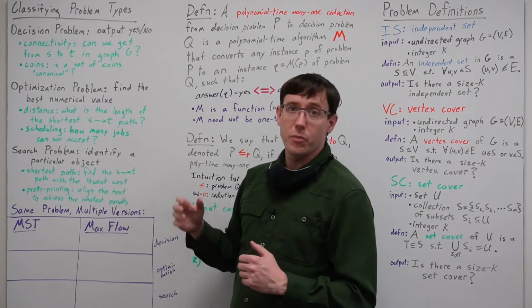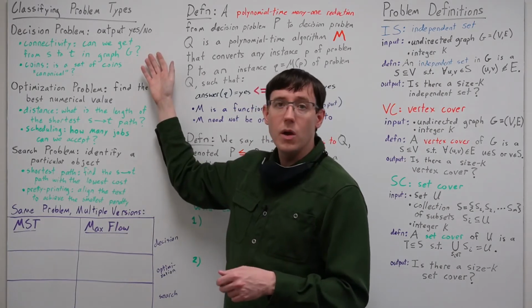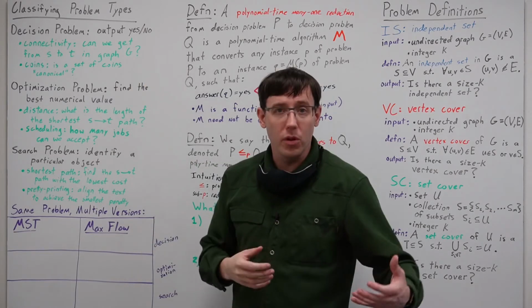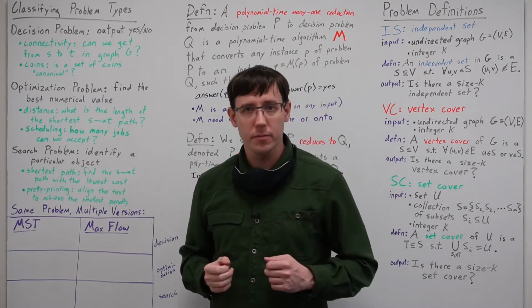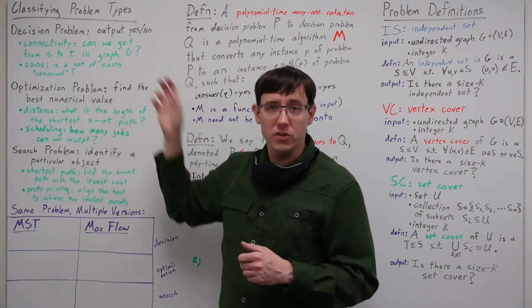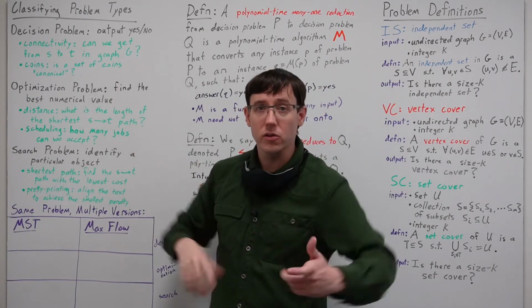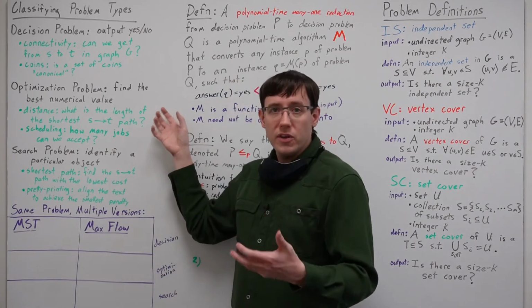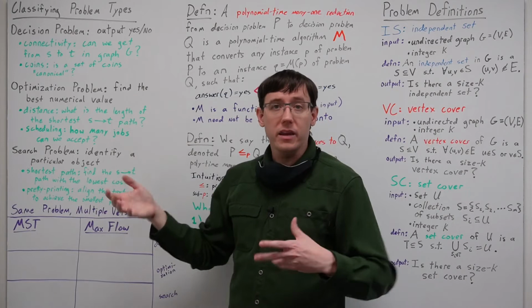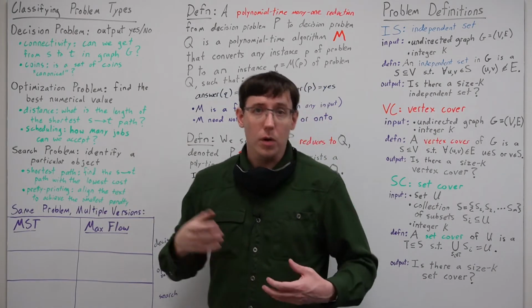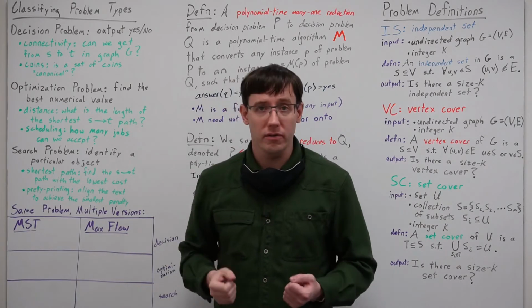Examples of decision problems include connectivity, where we were trying to decide whether T was reachable from S in a graph, and the homework extra credit problem, where you were trying to decide whether a particular collection of coins was canonical. Optimization problems include any of the examples where we were trying to minimize or maximize some numerical value.